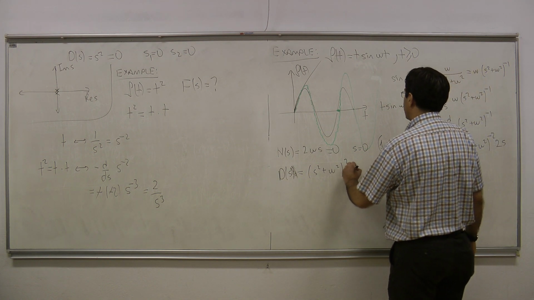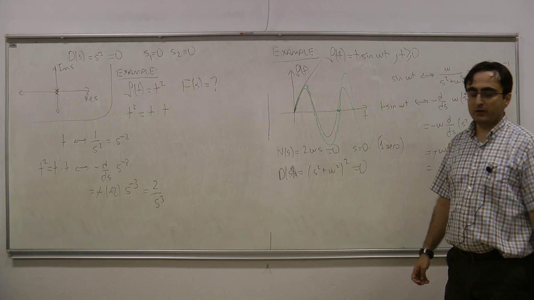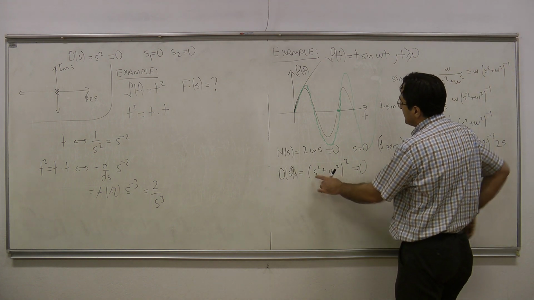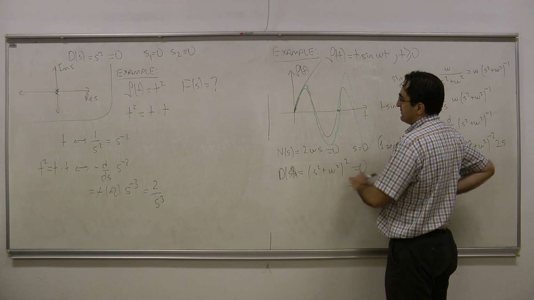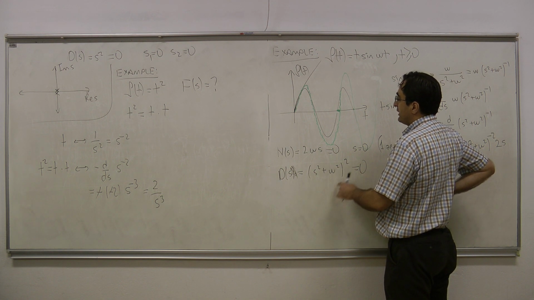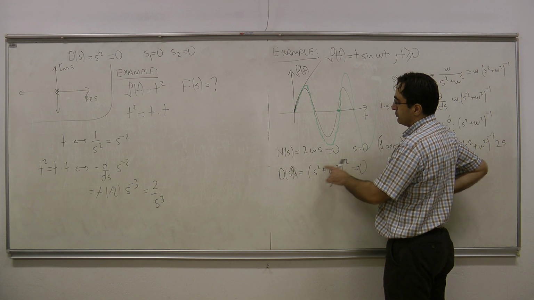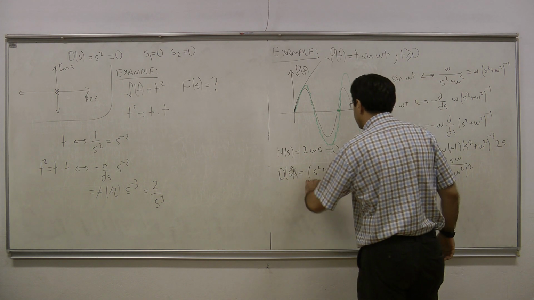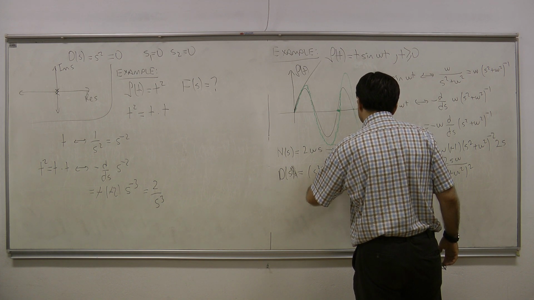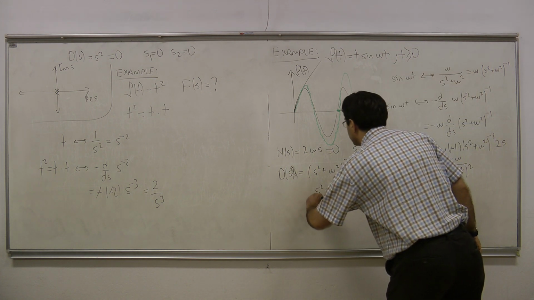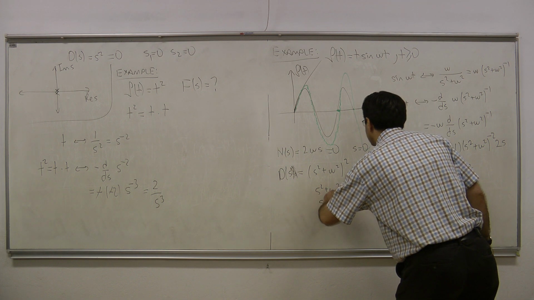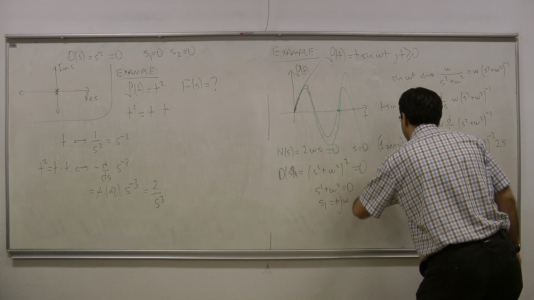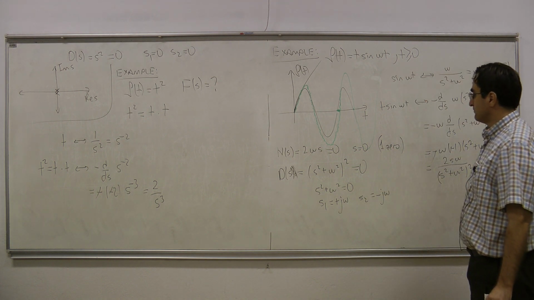Okay? In order to find those poles, I would equate this polynomial to 0, and for each pole I find here, there will be 2 of them, because there is a square here. This is the same as s squared plus omega squared equals 0, and I would have s1 equal to plus j omega, and s2 equal to minus j omega.